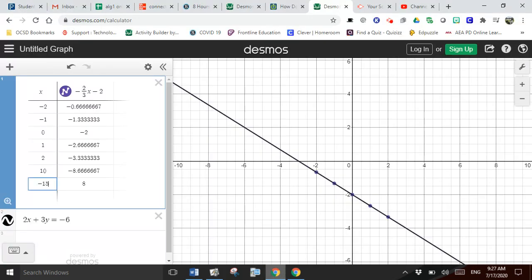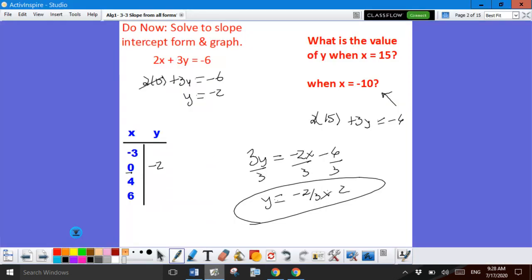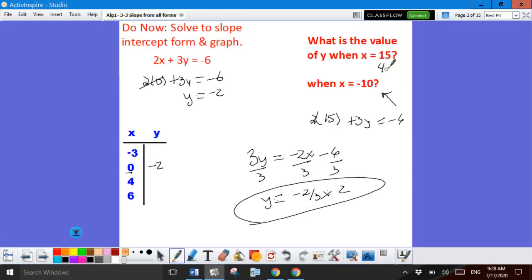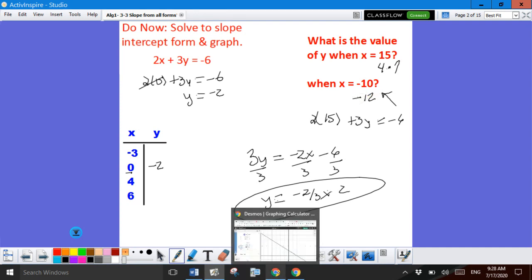So let me change that to a +15 and make this a -10. And I have my values. So 4.7 and -12.